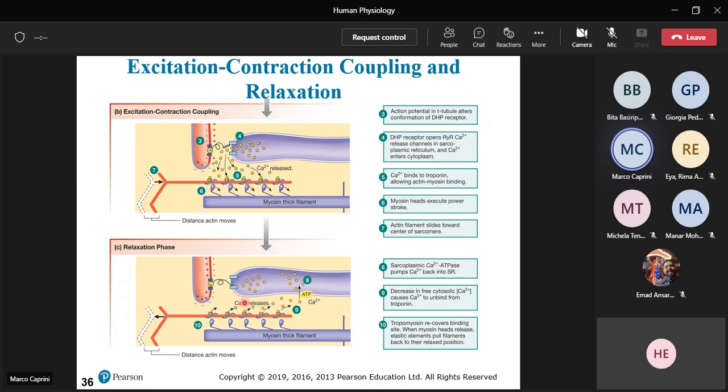Why? Because without calcium, the tropomyosin again covers the actin myosin binding site. So the muscle is relaxed.